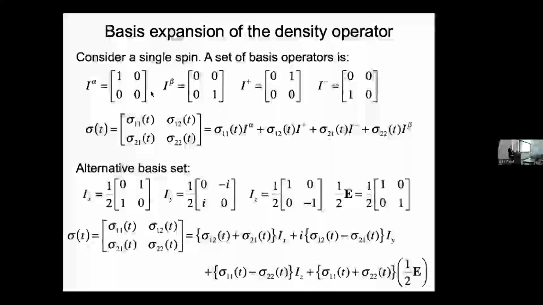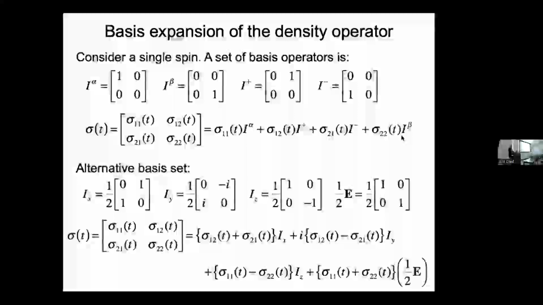So I can write any arbitrary matrix as a linear combination of these 4 matrices, but I don't like the matrices, I like the symbols. So I replace the matrices with their symbols, and I could say any arbitrary density operator for a single spin is a linear combination of these four operators: the I alpha operator, the I plus operator, the I minus operator, and the I beta operator.